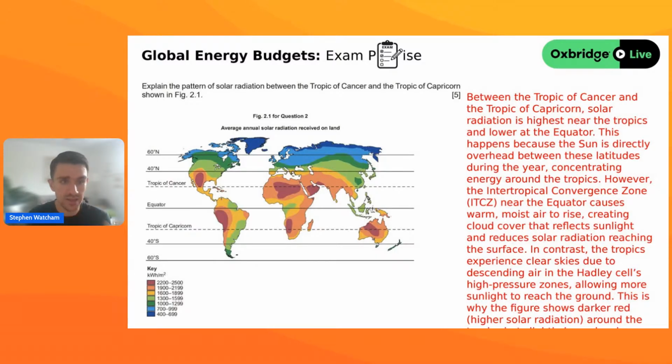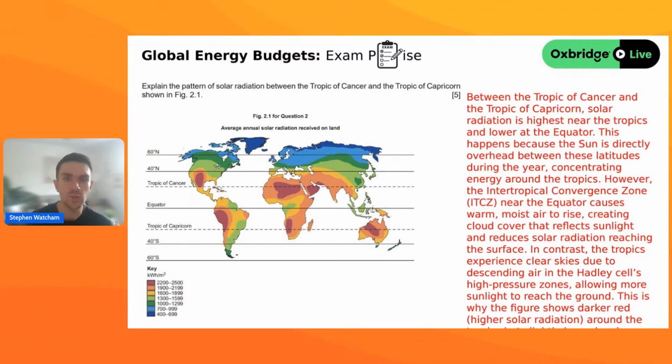The ITCZ in the notes is an area that you're not going to get asked about specifically, but it does really influence our weather. So this is one of those that I would always tell students, make sure you understand and can explain, but you're not going to get asked on it specifically.